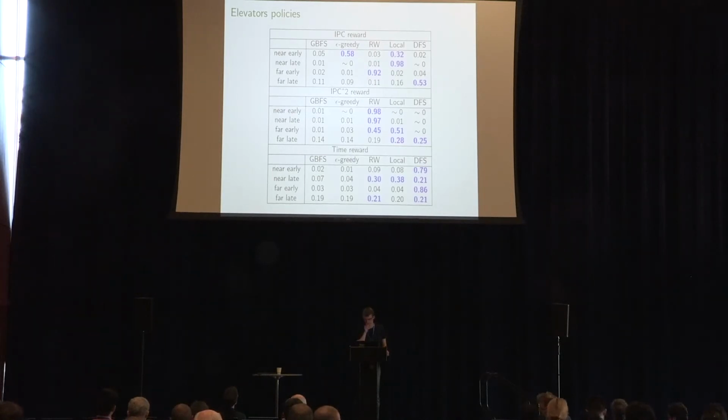This is, for example, the case for the far late state under the time reward, the very last row. If you start approaching the elevators problem with depth-first search, then you're very unlikely to ever end in a far late state. So there's just not enough training signal in that state, in that domain, and this is why it stays close to uniform.